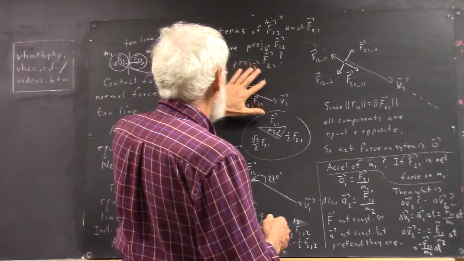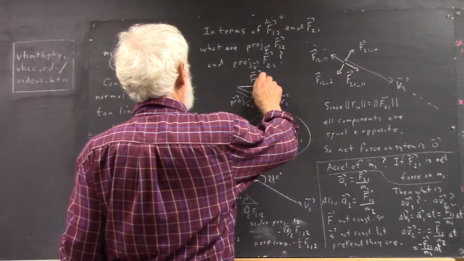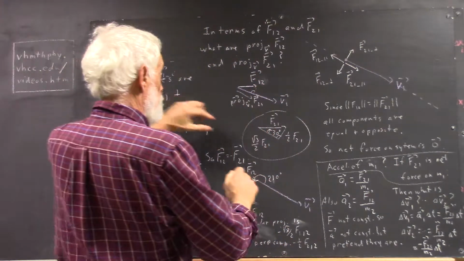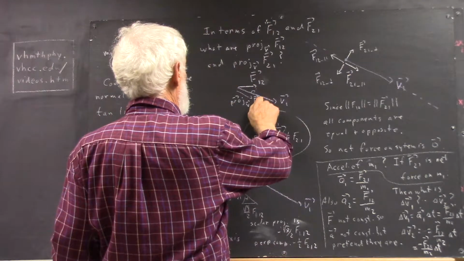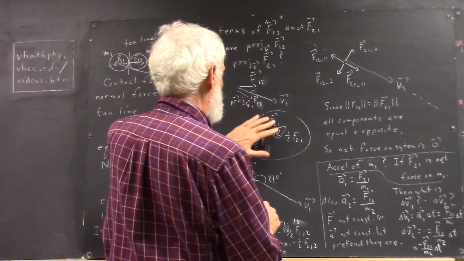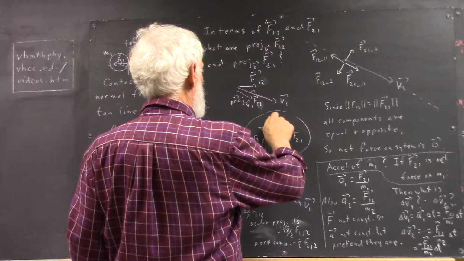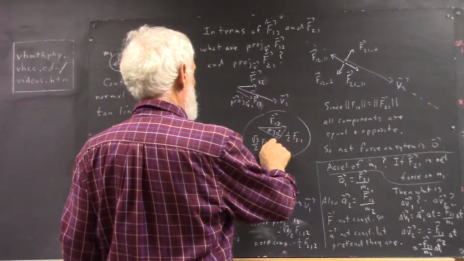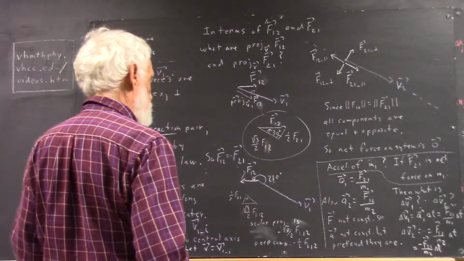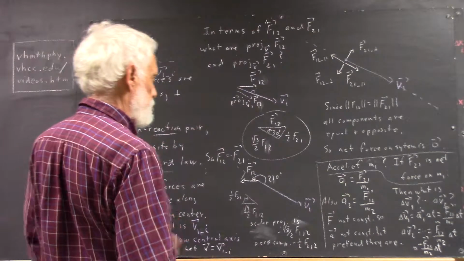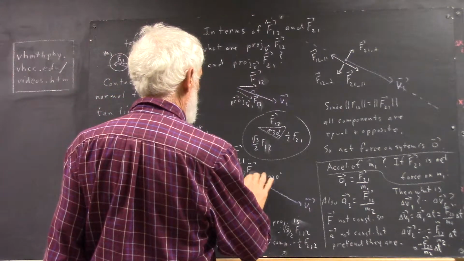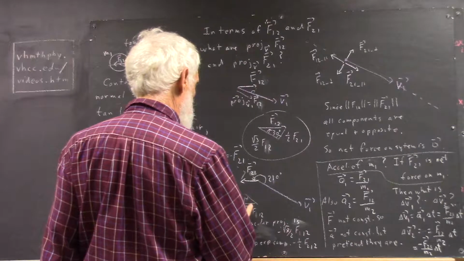It's not F21, this is F12, because that's the direction I chose for F12. So I'm going to change all these 2 1s to 1 2s right here, and then the 1 2s I got here should be 2 1s.